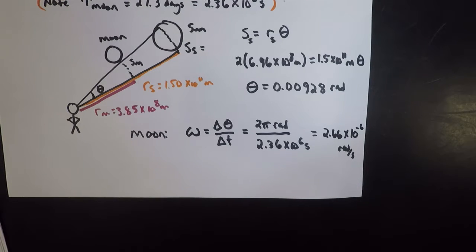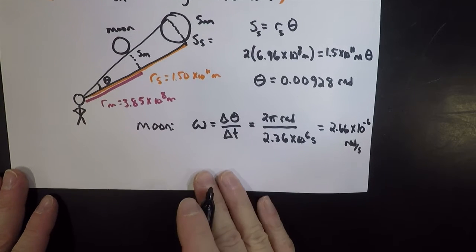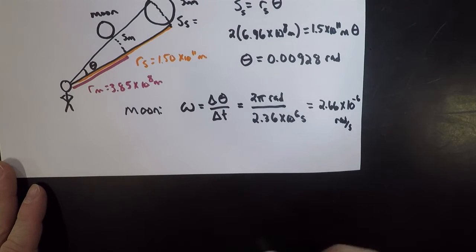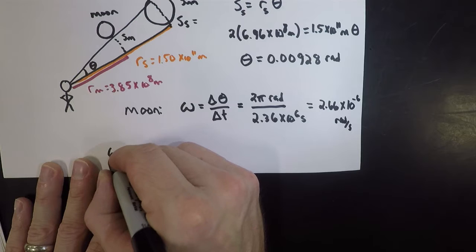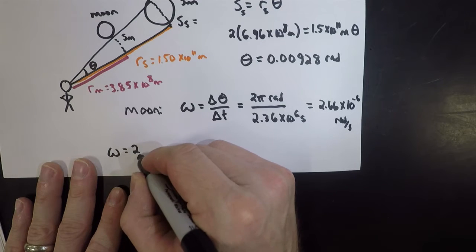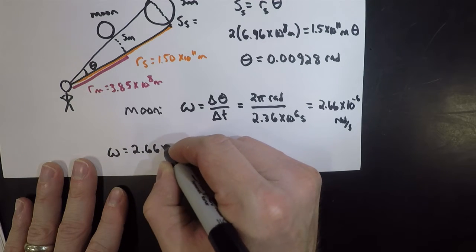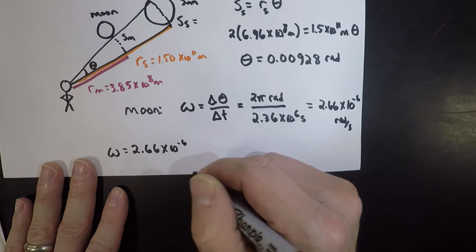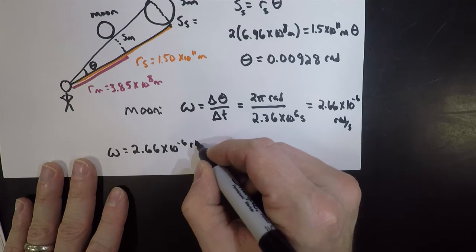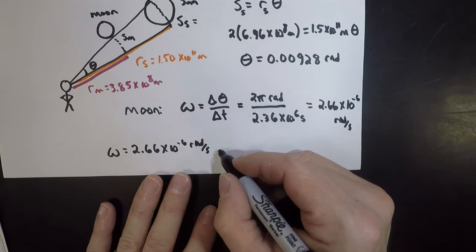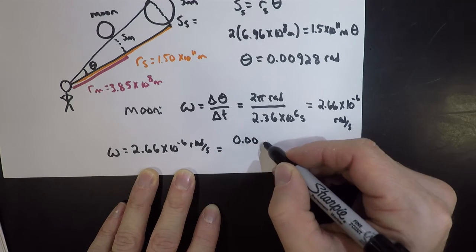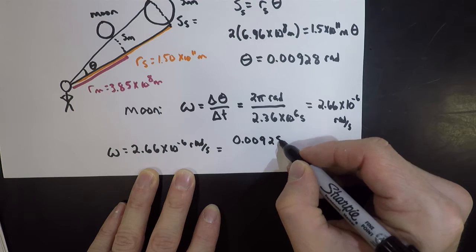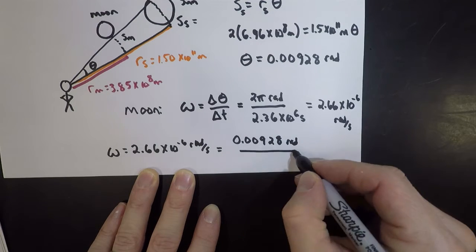But now that I know that rate, that particular angular speed, I can go back to my angular speed equation and this time solve for the amount of time that it takes to move through this angle. So omega, 2.66 times 10 to the negative 6 radians per second, is equal to, we want it to travel through a displacement of 0.00928 radians.